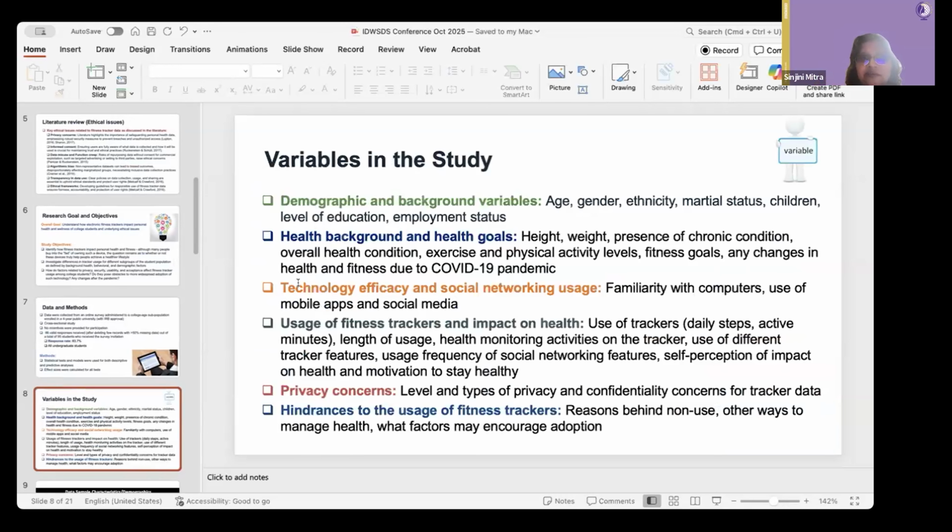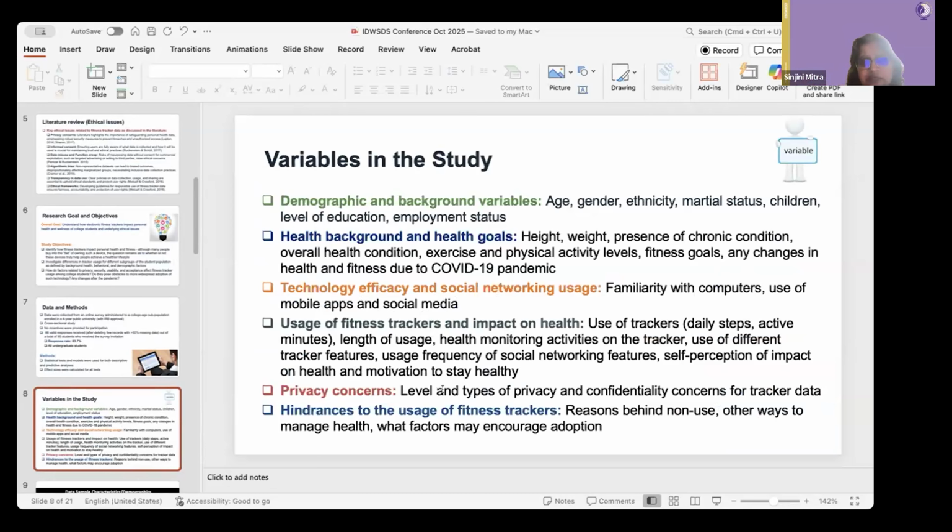For all the variables in the study, as I mentioned, we collected very detailed background information from the participants: demographic background variables, health background, their health goals, technology efficacy, and social networking usage.